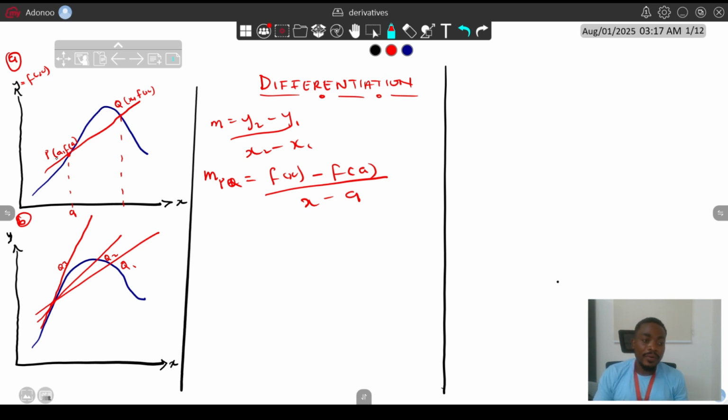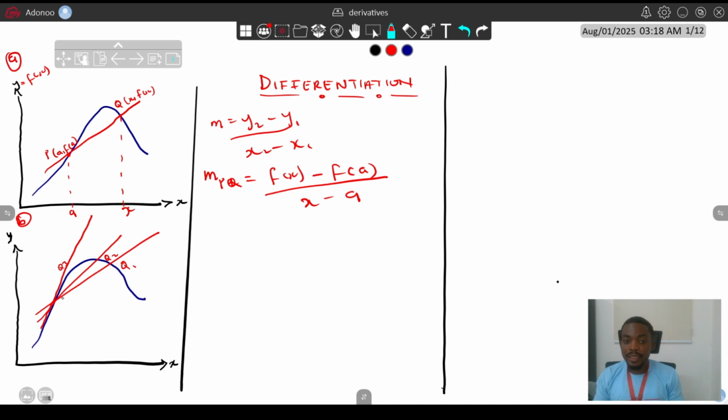Now, this line right here is a secant line. Now, what happens if we move Q towards P? The more Q approaches P, we see that we move from Q1 to Q2 to Q3. And clearly, the second line is beginning to look like what?